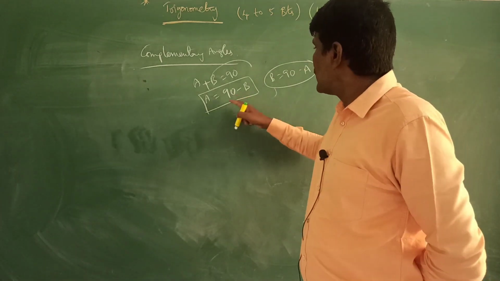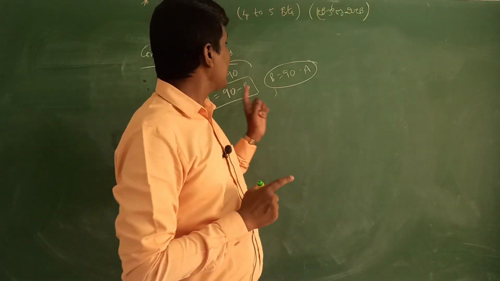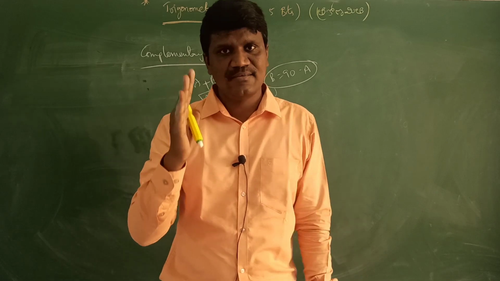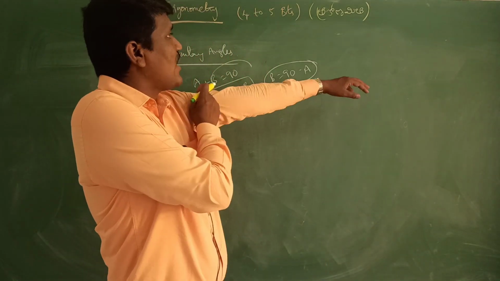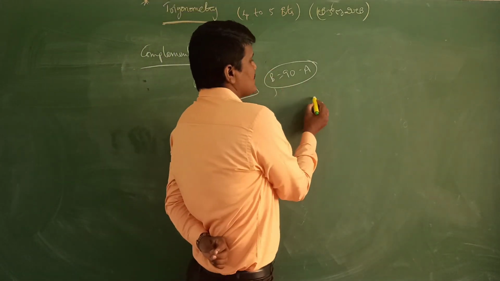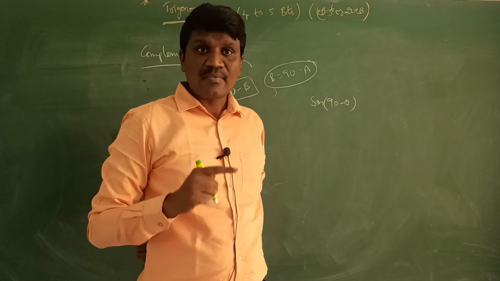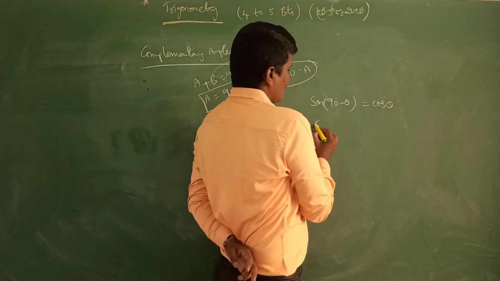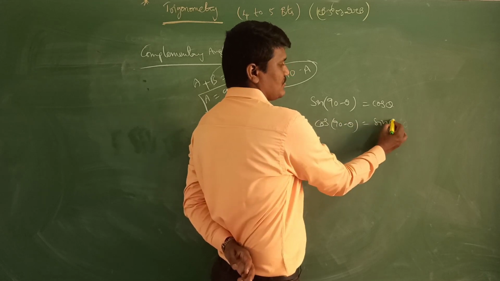Okay students, so A is 90 minus B, B is 90 minus A. These angles A and B are called complementary angles. In complementary angles there are some formulas. Sin 90 minus theta is cos theta, cos 90 minus theta is sin theta.